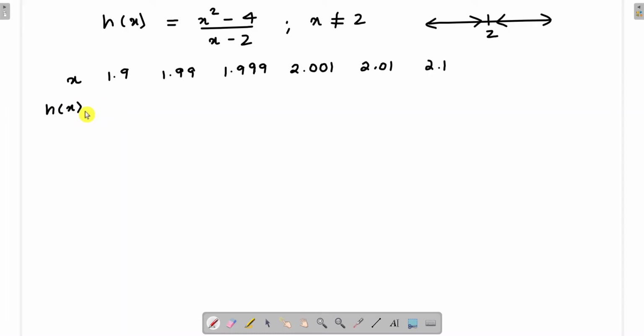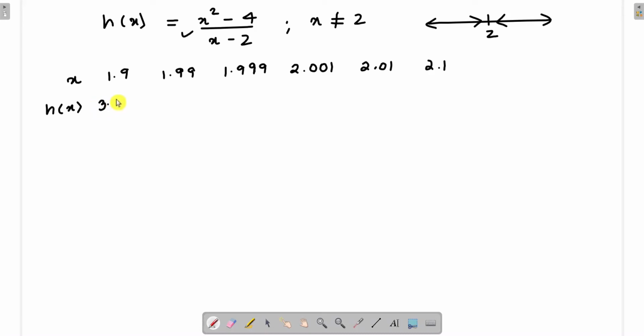If we look at the h(x) values, I have already calculated them, so I'll write them directly here. If you substitute 1.9 in this function, the value that you get is the value of function h at the point 1.9.